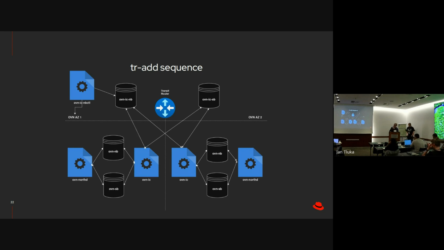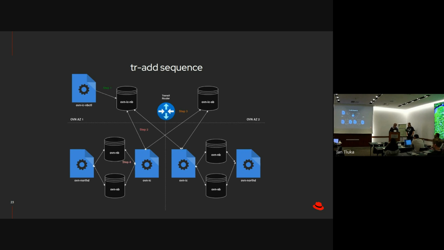Finally, once we have a valid northbound transit router and a key in the interconnect southbound database, the OVN IC process, which you can see at the bottom in each availability zone, will create a logical router in each availability zone. Quickly, the steps: first, we create a new entry in the transit router table.